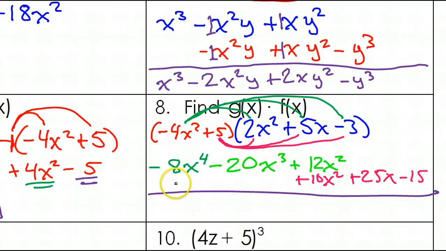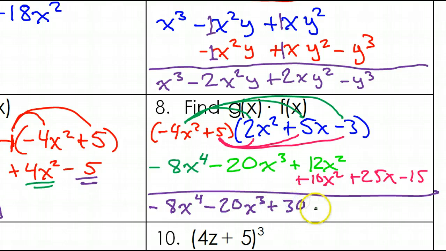So this is going to be negative 8x to the 4th power minus 20x to the 3rd power plus 22x squared, and then we have 25x minus 15.